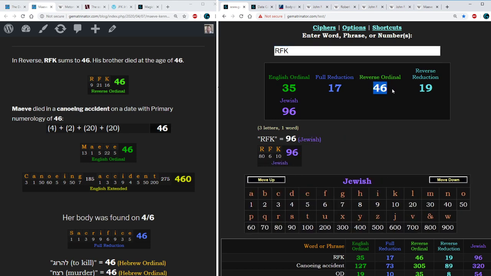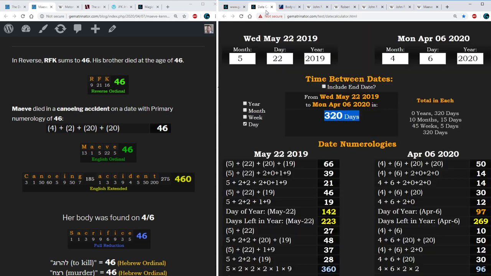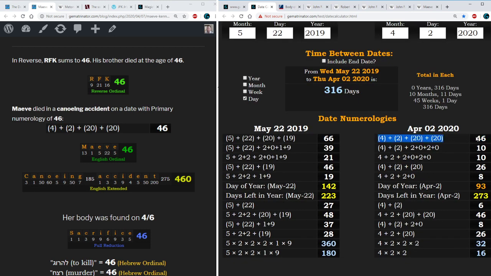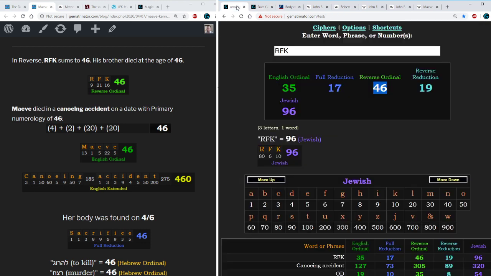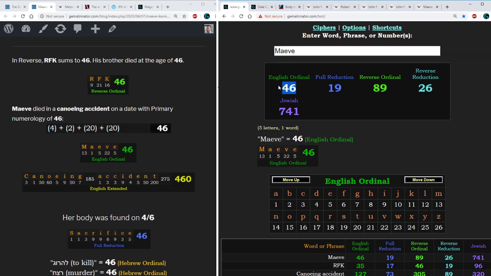Next, we'll look at the reverse value of RFK, which is 46. His granddaughter, Maeve McKean, died on a date with primary numerology of 46. Her first name is Maeve, which equals 46 in ordinal.